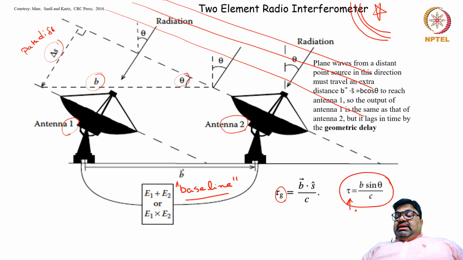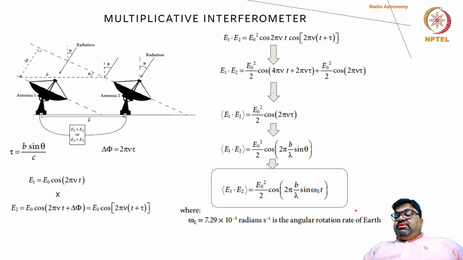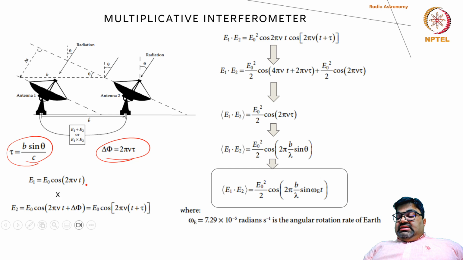And that can easily be converted from a time delay into a phase. One of the antennas, in this case E2, should have a cosine of 2 pi nu t. The other one should have an additional delay of delta phi, and then we multiply both of them.